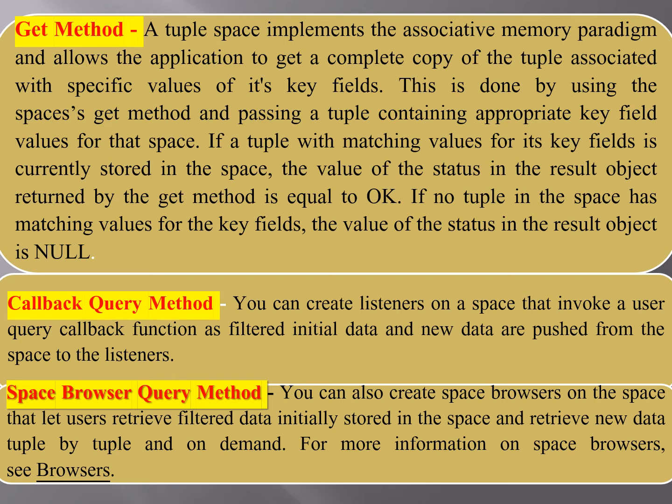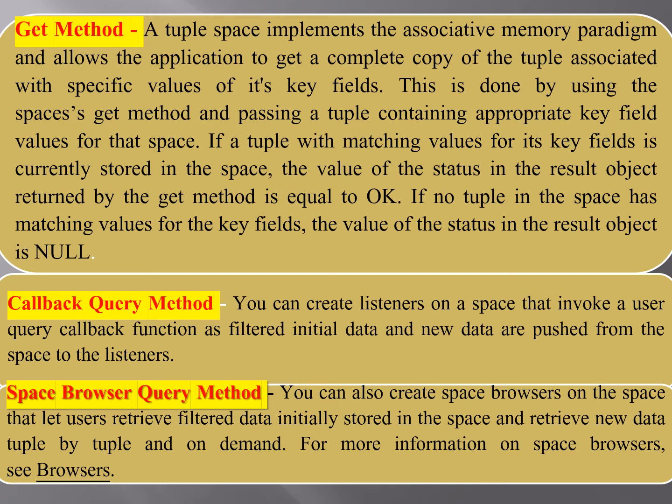If a tuple with matching values for its key fields is currently stored in the space, the value of the status in the result object returned by the get method is equal to OK. If no tuple in the space has matching values for the key fields, the value of the status in the result object is null.